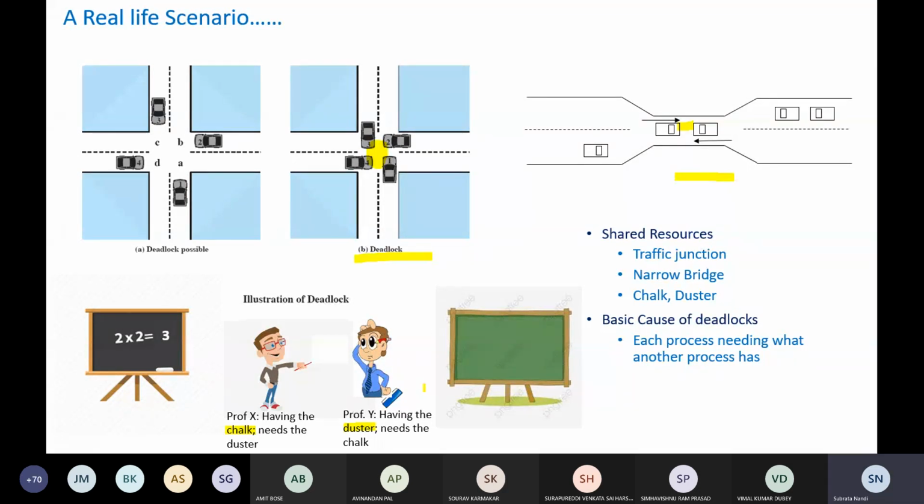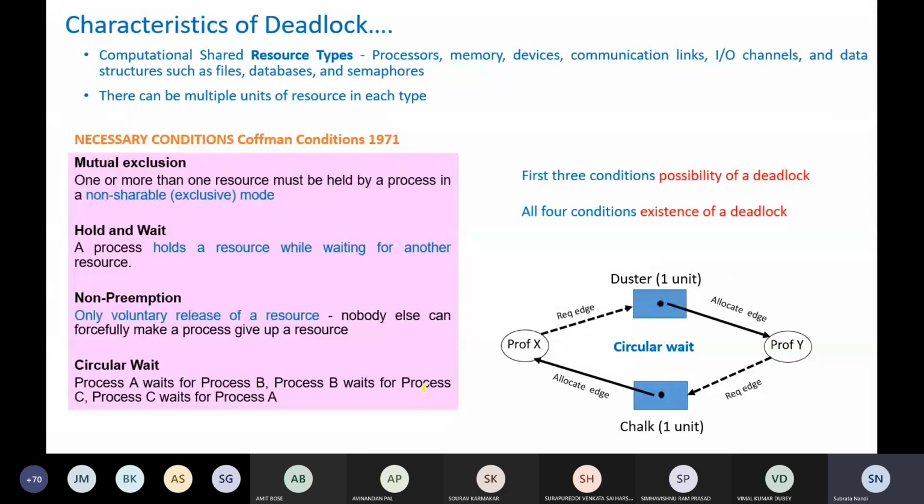So this is the case, and in computational systems also, we often face such scenarios. When you talk about resources in a typical computing scenario, we can consider processors, the CPUs, and memory.